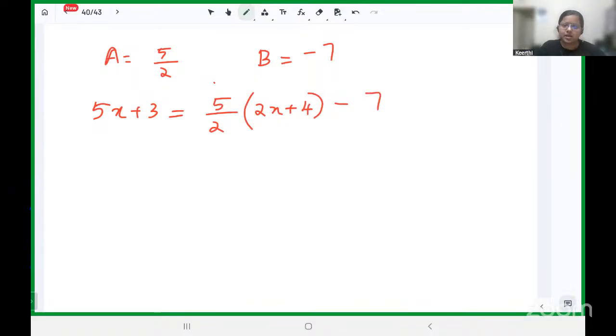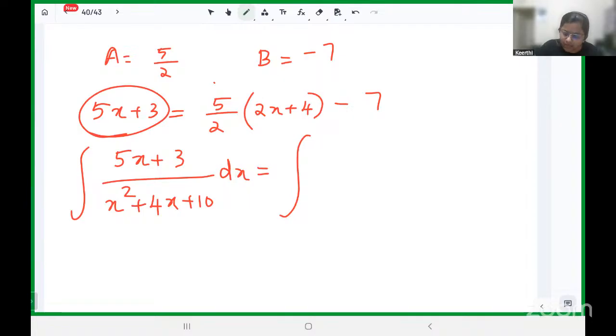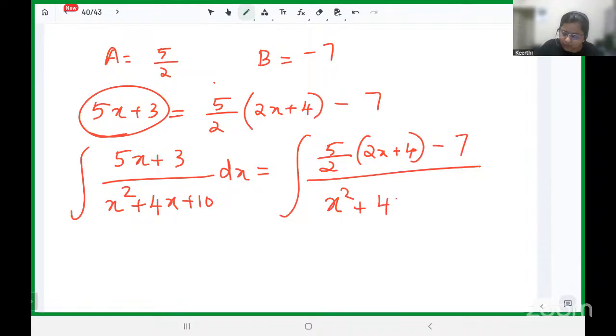So the integral of (5x + 3) by (x² + 4x + 10) dx can be written, since we have made a substitution for 5x + 3, by changing the numerator as 5 by 2 into (2x + 4) minus 7, divided by x² + 4x + 10, dx.